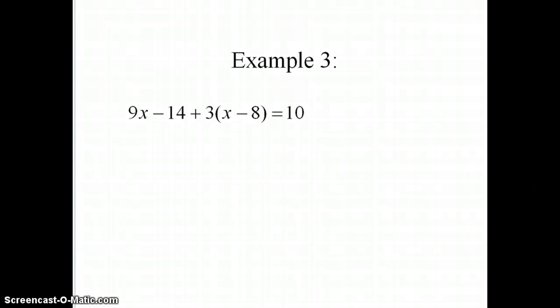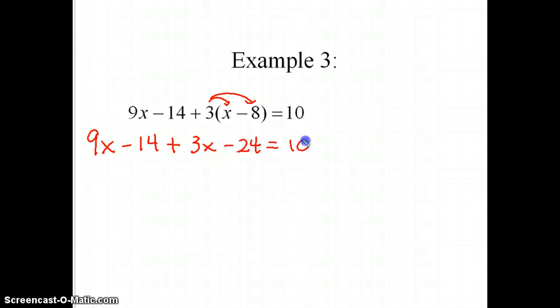Going on to example number 3. Again, I have parentheses, so I'm going to use the distributive property to eliminate the parentheses. So I'll recopy 9x minus 14 plus 3 times x is 3x. 3 times 8 is 24, so minus 24 is equal to 10.